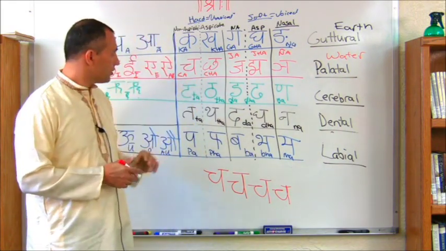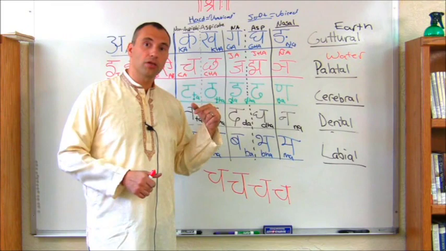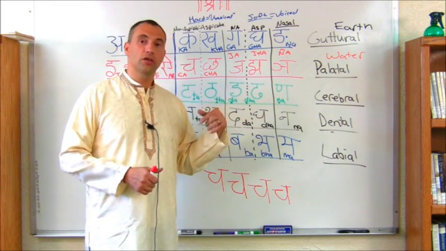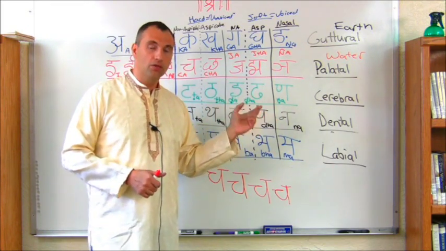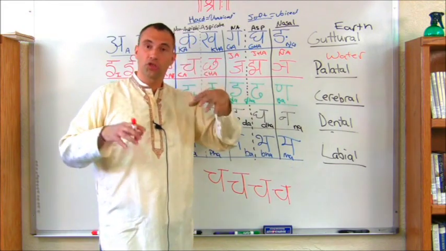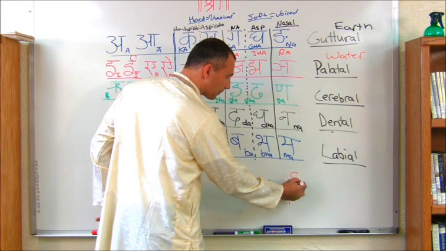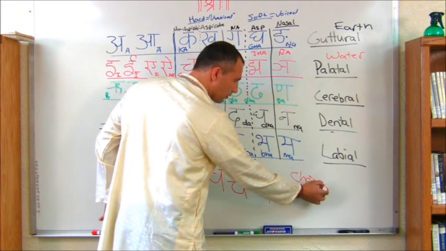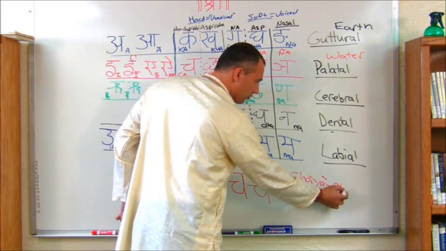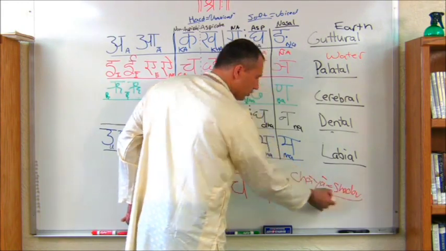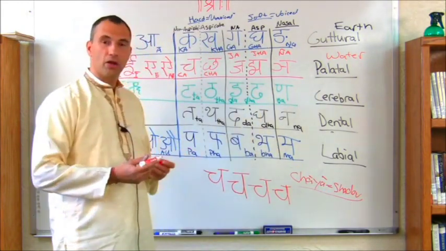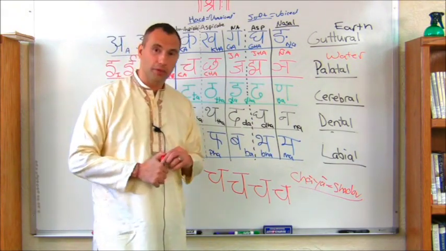Okay, the next letter is chha. Chha relates to shadow, chaya. The word chaya means shadow. Chha relates to shadow and covering, concealment.